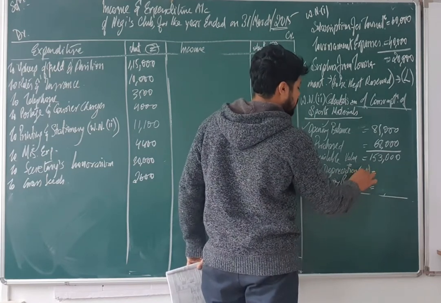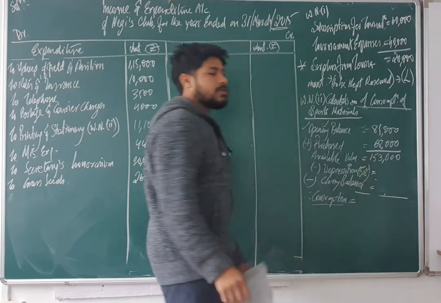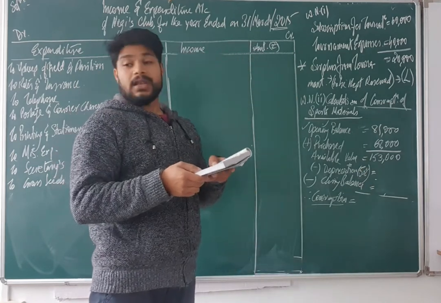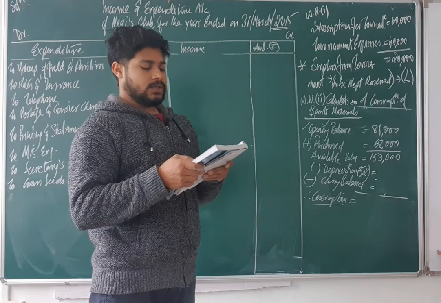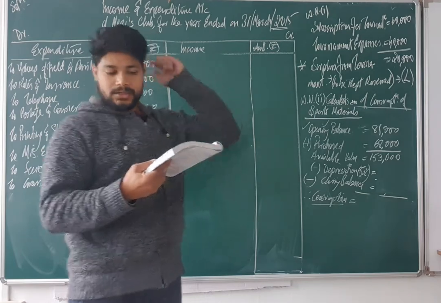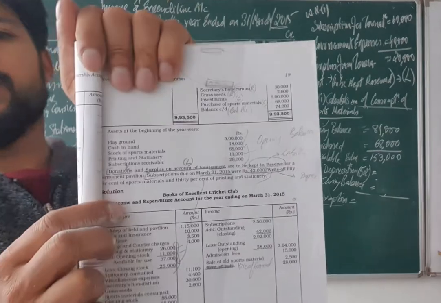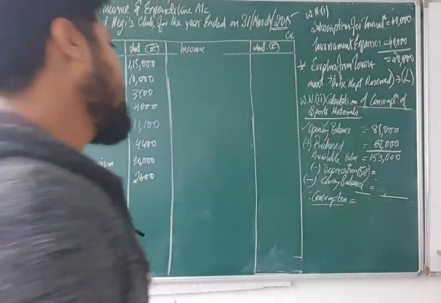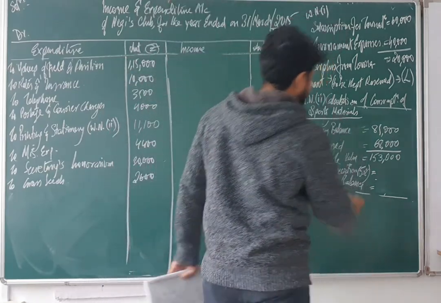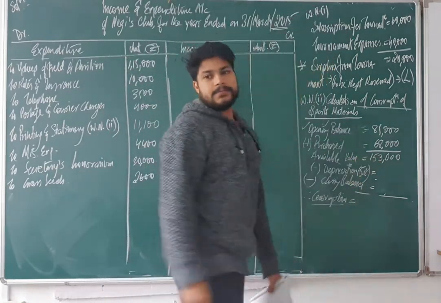In the question, check. They said write off 50%. The last line of the question, write off 50% of sports materials. Okay, you can see the last line of your question. It's written, write off 50% of your sports materials.